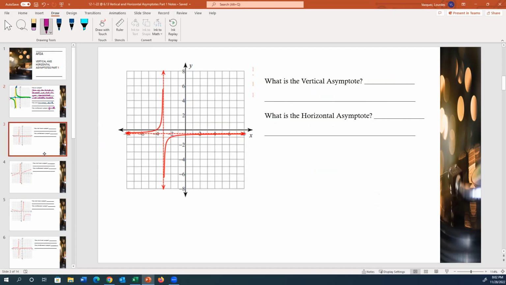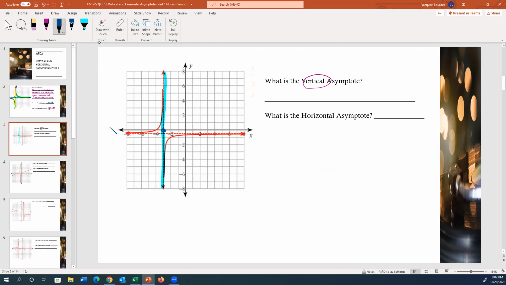Let's try another one. We're going to do the vertical asymptote first. That's the one that runs up and down. That's this line. Whoops, my line got a little crooked. Let's try that again. Better. So where does that vertical line actually touch the axis? It touches the x-axis right here.